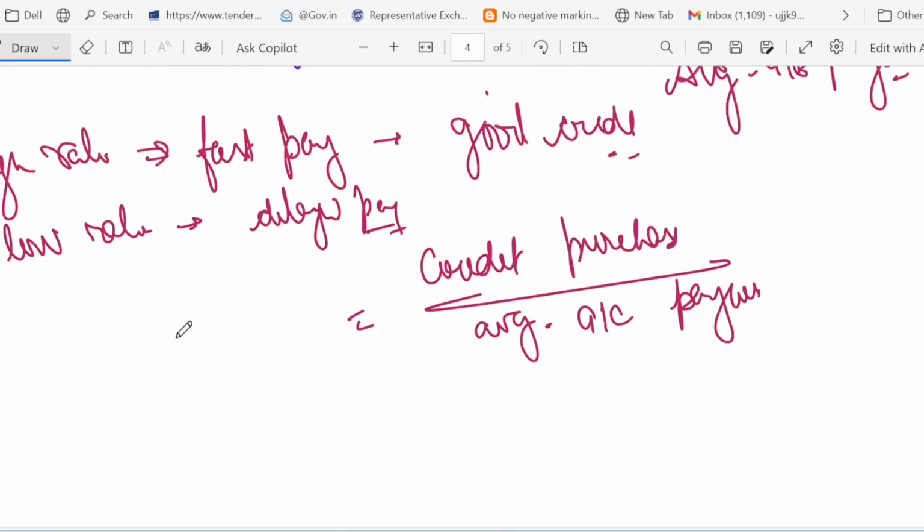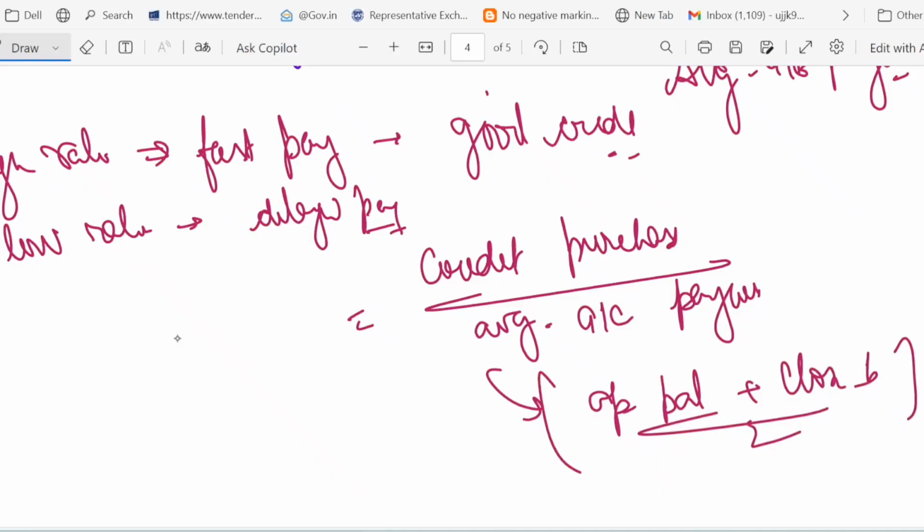And to find the average account payable, you write the opening balance plus closing balance divided by 2. Means at the beginning of the year, how much was your balance? At the end of the year, how much is the balance? Divided by 2. That will give you the average account payable. Therefore, all the 4 statements are correct.